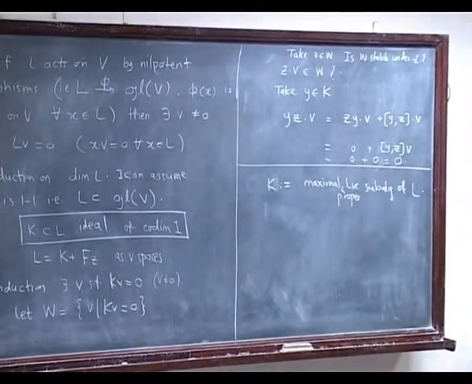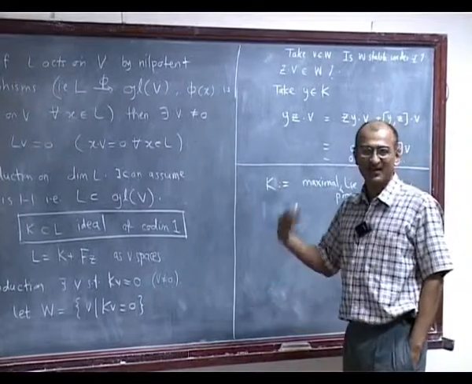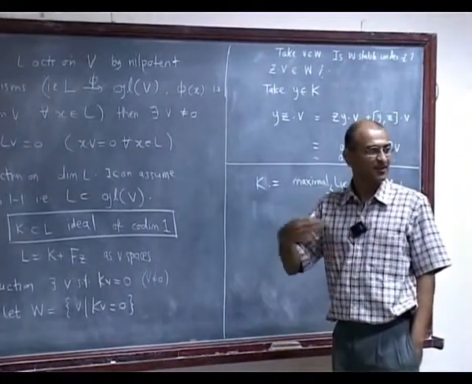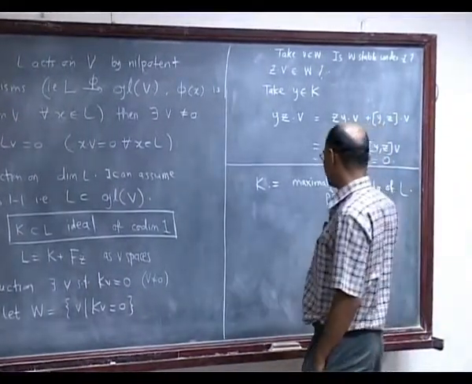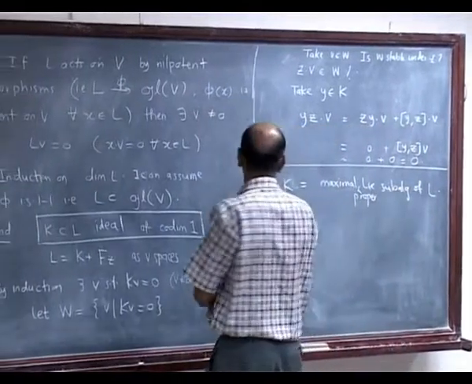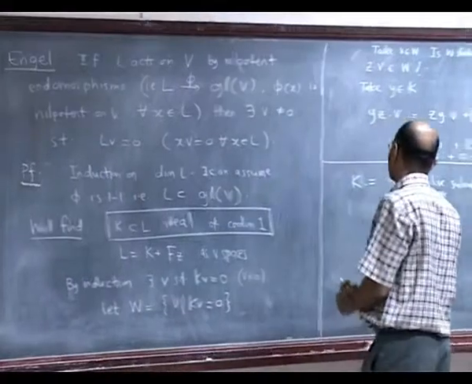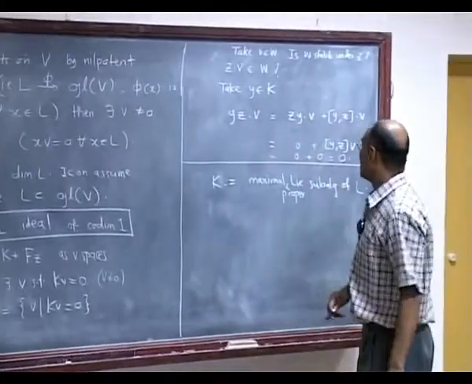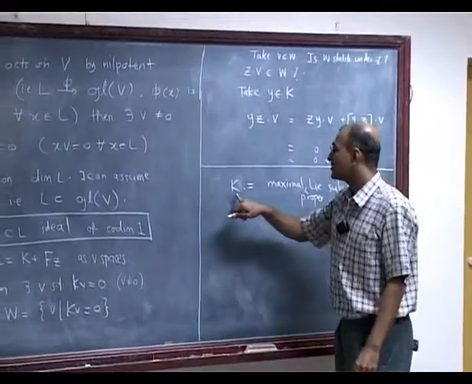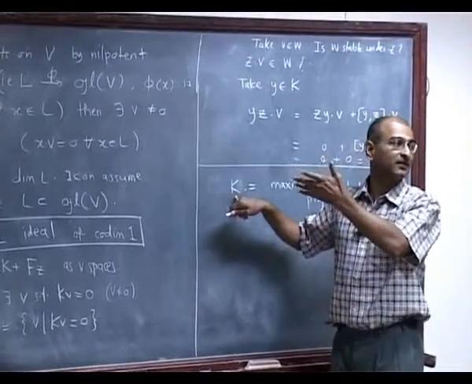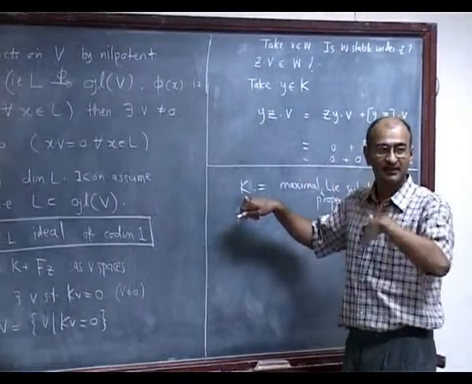So what we will do is we will use induction here. Let's try to find an appropriate action on a space of a smaller dimension. So recall that I am assuming that L sits inside GLV. So I will try to look for the action of K on something or the other. Remember, K, I want it to be an ideal.